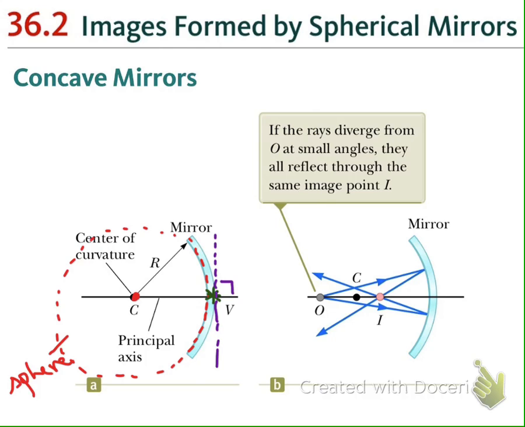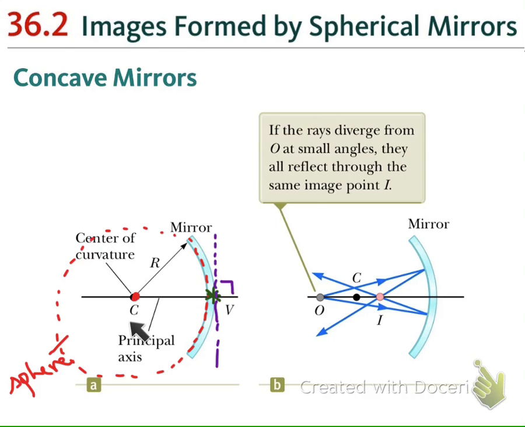So we call this the principal axis. This is the line that passes through the center of the mirror and the center of curvature, and we call this the principal axis.